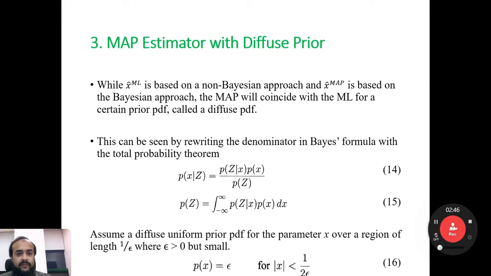This can be seen by rewriting the denominator in the Bayes formula with the total probability theorem. You know this is our Bayes theorem, with the conditional probability of Z given X, P of X and P of Z. Here P of Z is given by the total probability theorem.